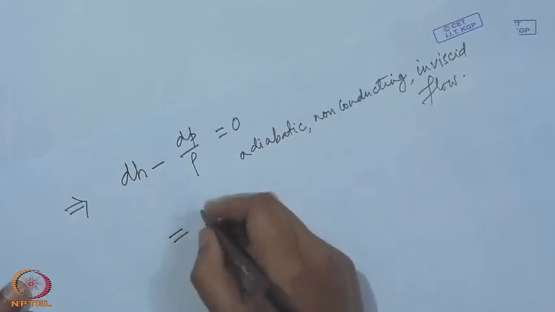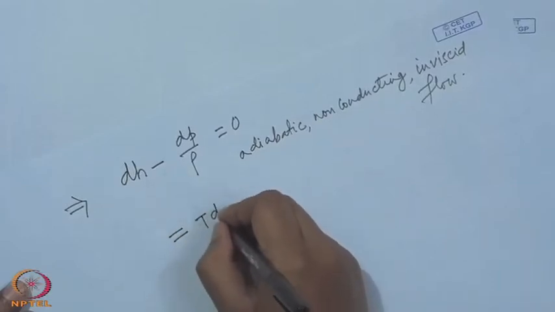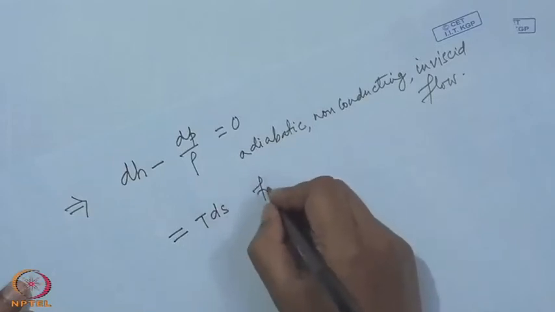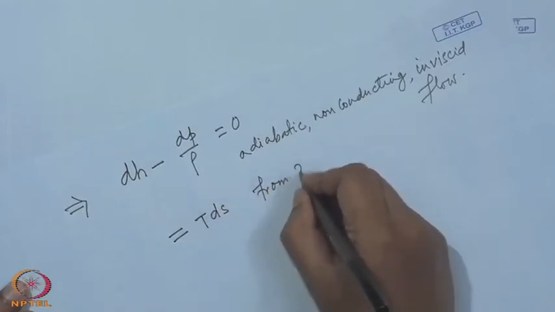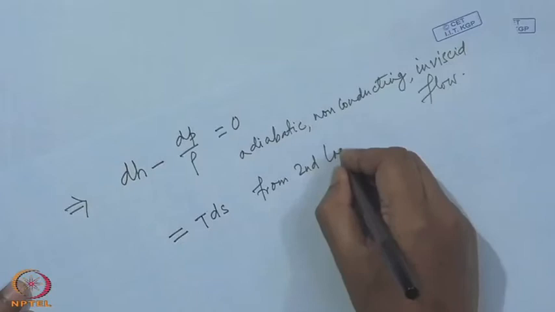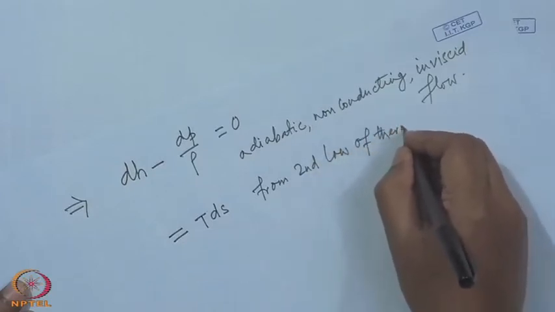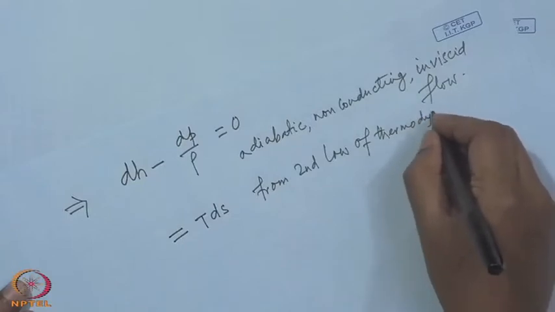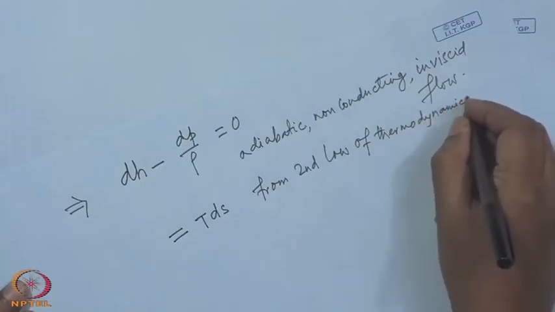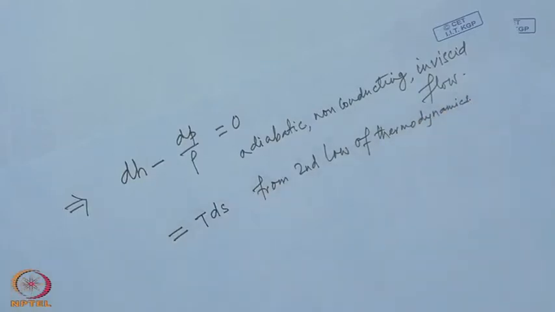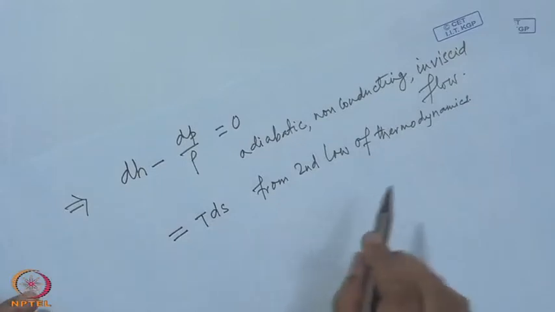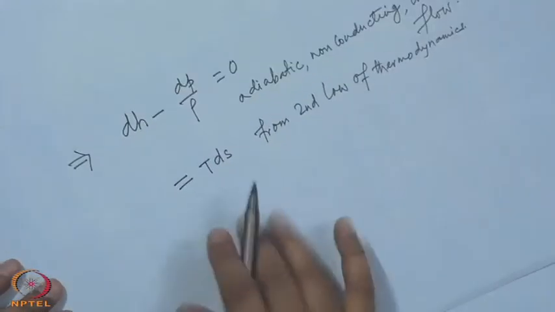this is equal to T ds. So, you see that for adiabatic non-conducting inviscid flow, T ds equal to 0.